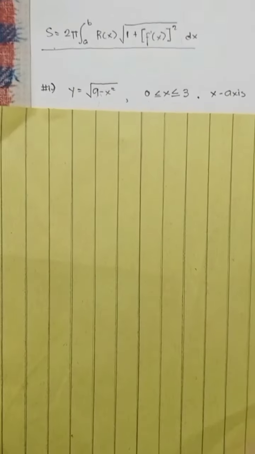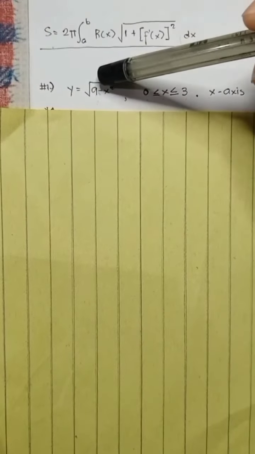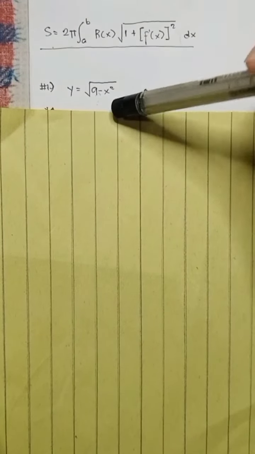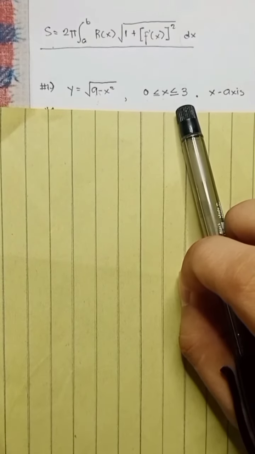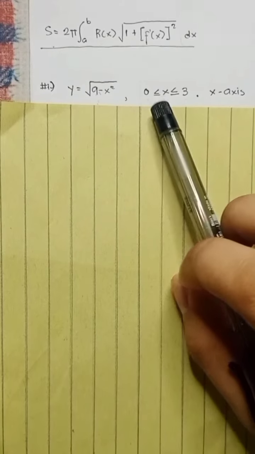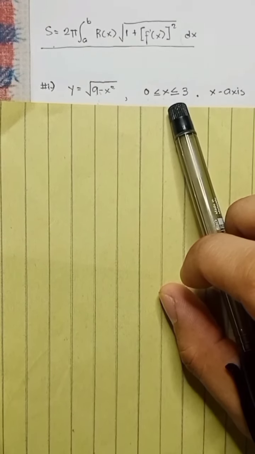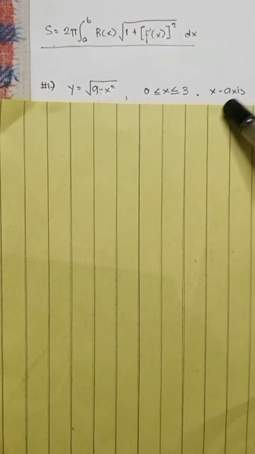So, para mas maintindihan pa natin yung formula, unahin natin to example number 1. Given y is equals to square root of 9 minus x squared bounded from 0 to 3, or x is greater than or equal to 0 but less than or equal to 3, then rotated from x-axis.